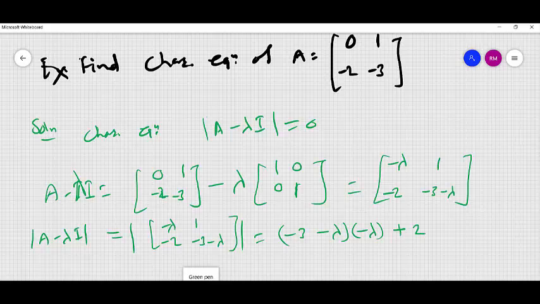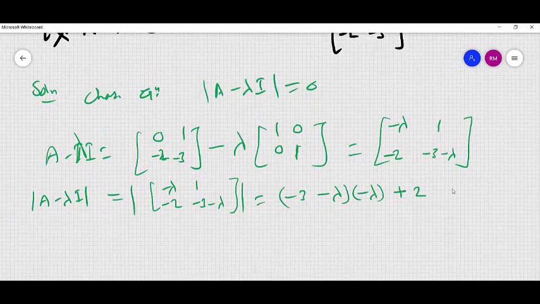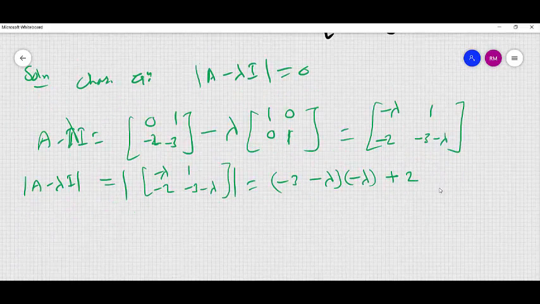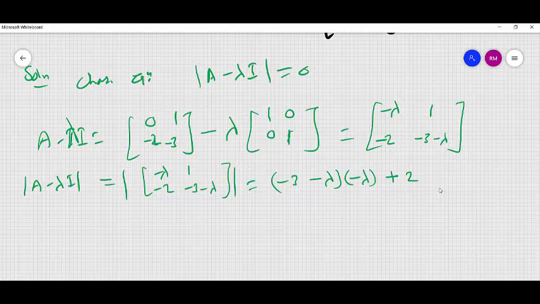So in short, we get lambda square plus 3 lambda plus 2.